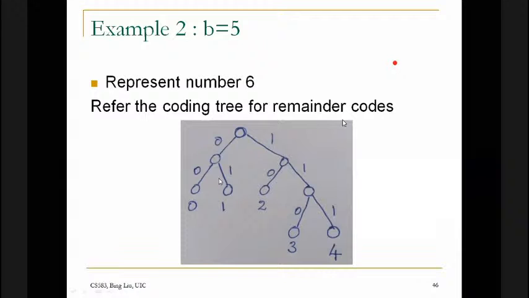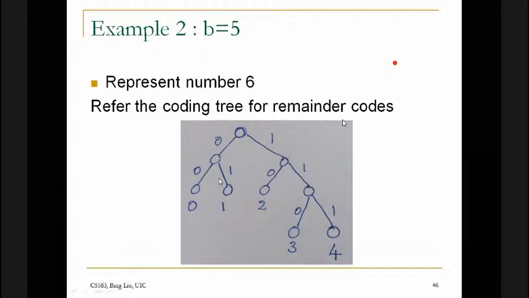So the total representation for x equal to 6, b equal to 5, is 0, 1, 0, 1. It is taking a nibble, 4 bits. For remainder codes, we will refer to this coding tree.